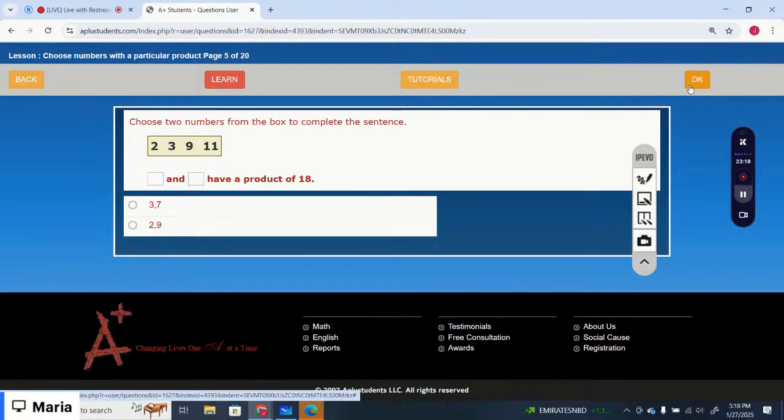Choose two numbers from the box to complete the sentence. So which two numbers have the product of 18? Which two numbers have the product 18?